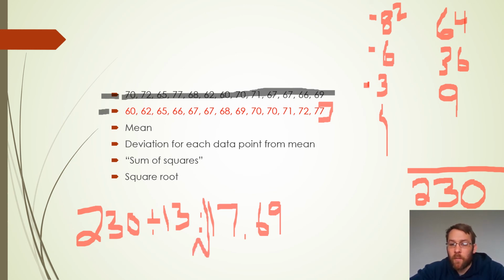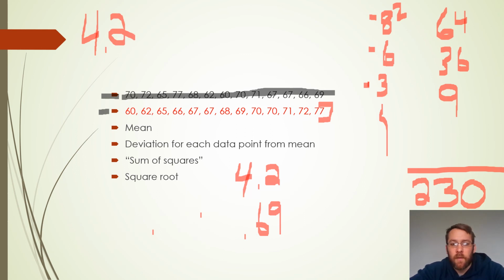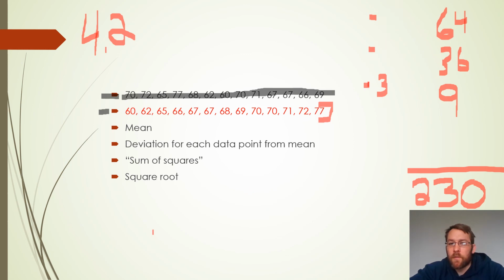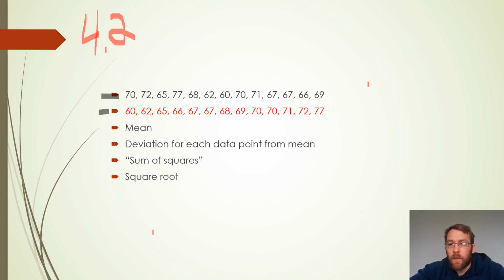Since I squared all the numbers, I now have to find the square root of 17.69, and that equals 4.2. Okay, so what do we do with 4.2? 4.2 is our standard deviation for this set of data. All right, so 4.2 inches is the number that we use to chart this new bell curve.